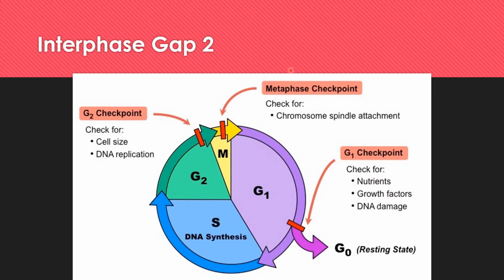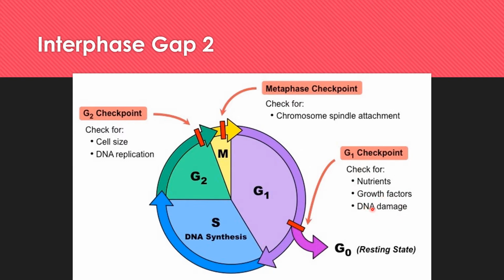This is a good diagram showing those different checkpoints that I've been discussing. The G1 checkpoint, as I mentioned, is checking for nutrients, making sure there are nutrients for the cell to move on to the synthesis phase. Growth factors are going on, and there's no DNA damage.